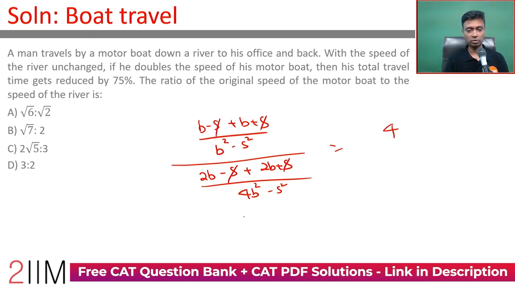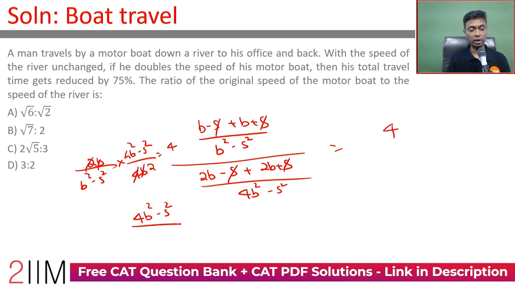This is 2B and this is 4B. So 2B by B square minus S square into 4B square minus S square by 4B equals 4. The B gets knocked off. We have a 2 here. 4B square minus S square by B square minus S square is 8.